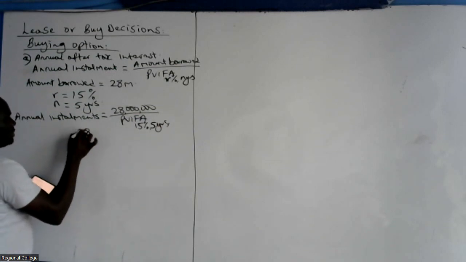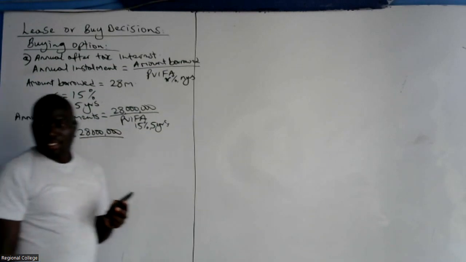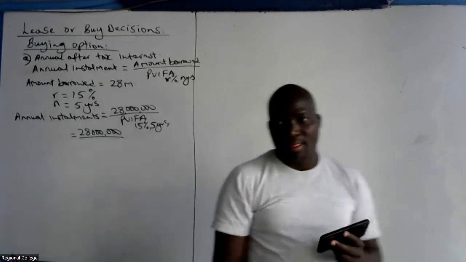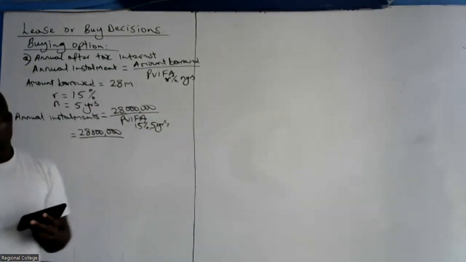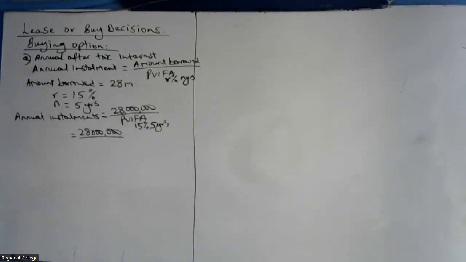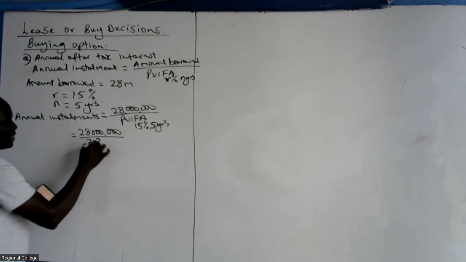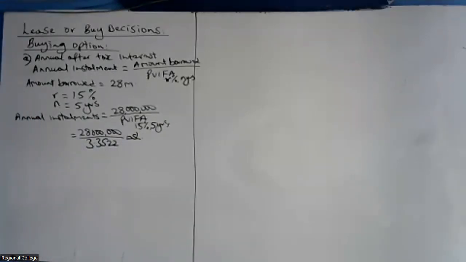So this 28 million divided by 15%, 5 years, Table 2. Giving us 3.352.